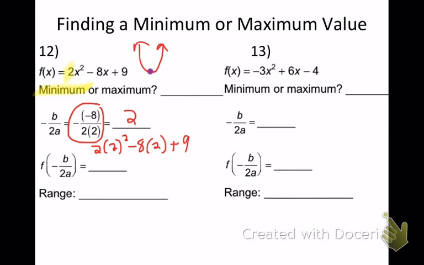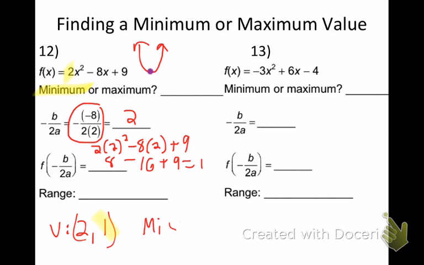Well, order of operations says 2 squared is? 2 squared is 4. 4 times 2 is? 8. 8 times 2 is? 16. So 8 minus 16 plus 9 is? 1. So my vertex is 2, 1. Which means I have a minimum value at 1.